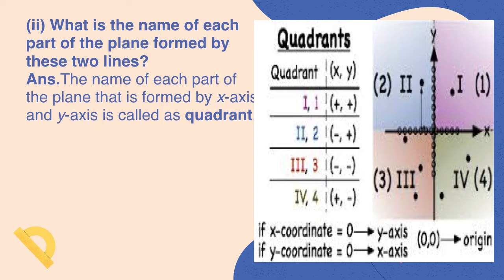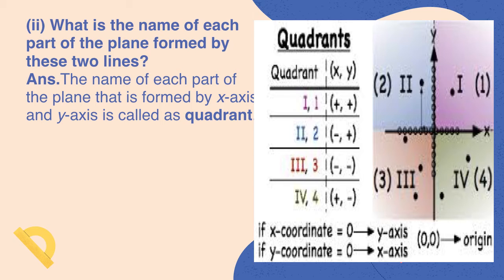So the first quadrant, as you can see from the diagram, where both x and y values are positive, is quadrant number 1. And the second quadrant, where the value of x is negative but y is positive, is called quadrant number 2 or the second quadrant.